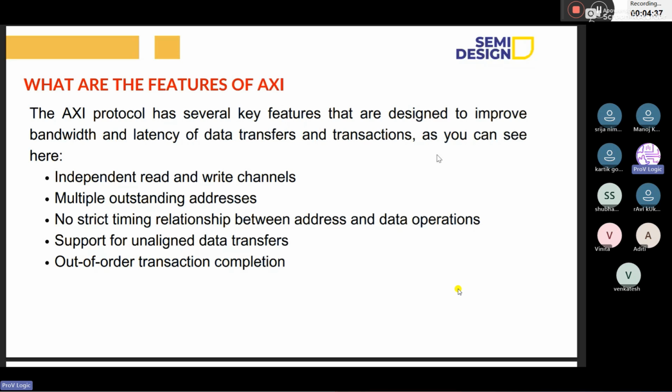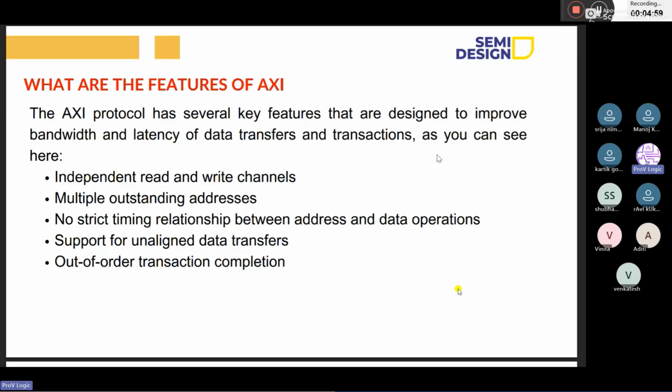But what are the limitations we face with the AHB protocol? Write and read cannot be done at a time. Pipelining is not possible in AHB protocol. It is not full duplex communication.